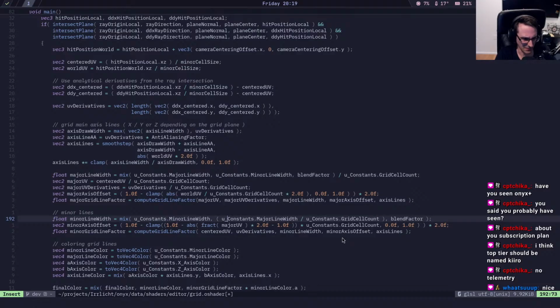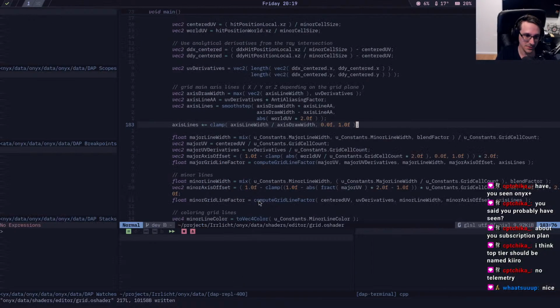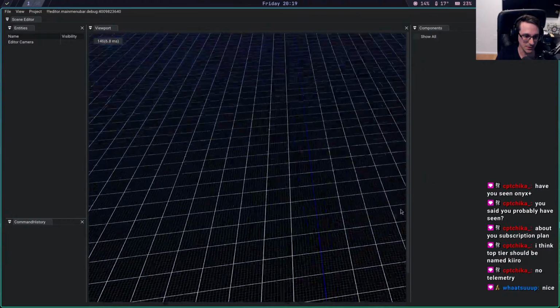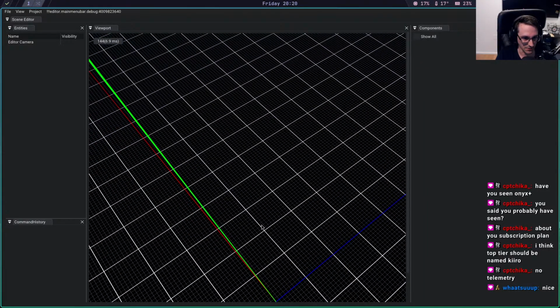Probably, because it's basically the scaling up of a minor line to a major line. So this is how we blend from minor to major. This is how we blend from major to minor, and the other axis lines are different, like they are special anyways.